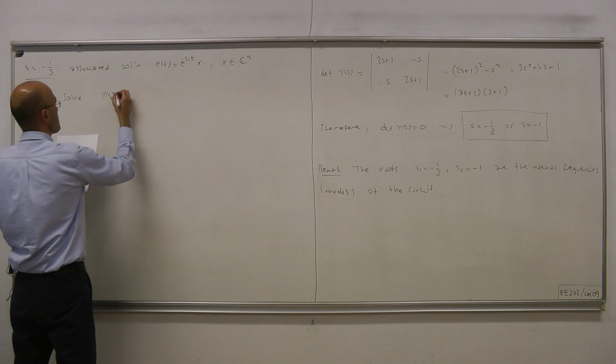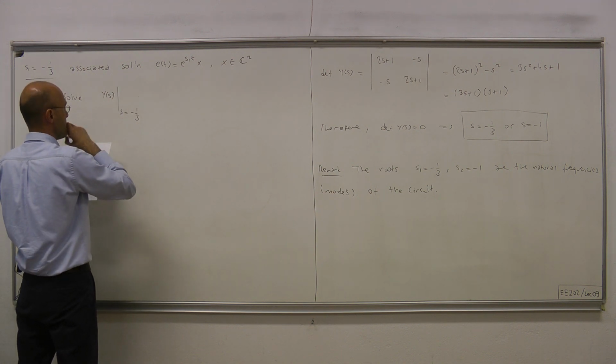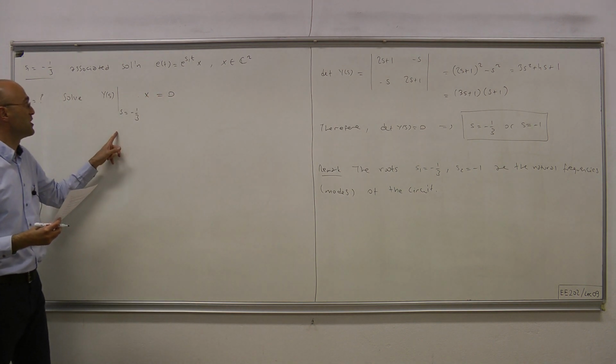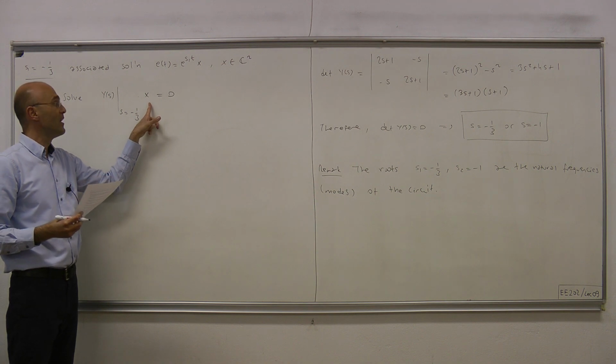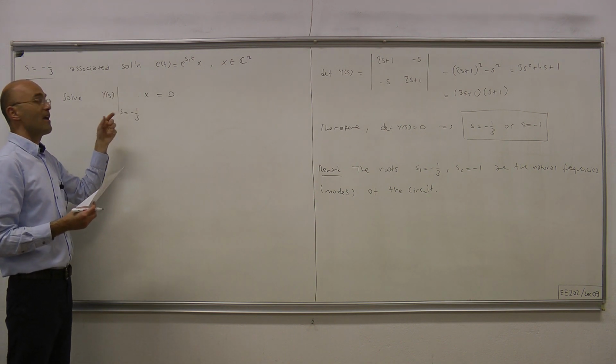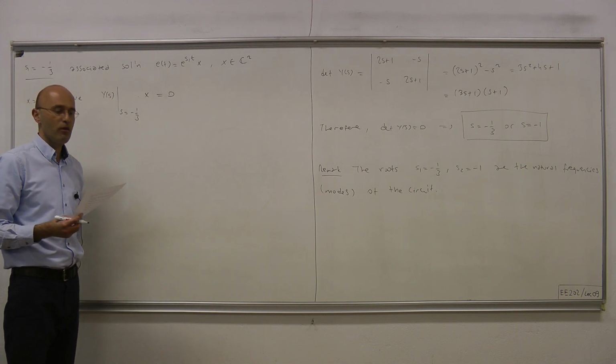So therefore, let's look at the equation with s equals minus 1/3, times x equals 0. So this means that x cannot be arbitrary. x must belong to the null space of this matrix that you obtain when you plug in s equals minus 1/3.